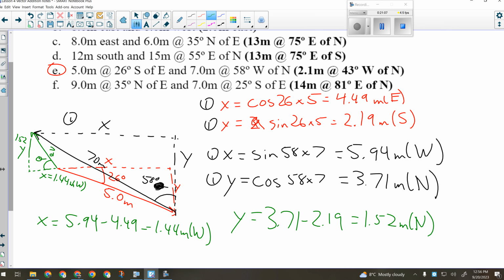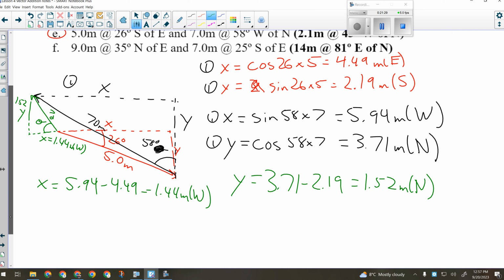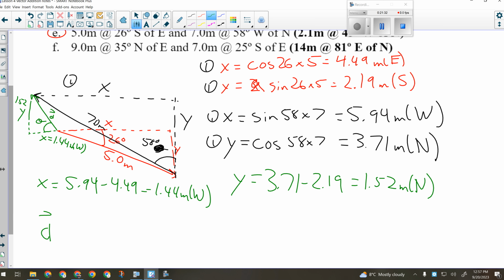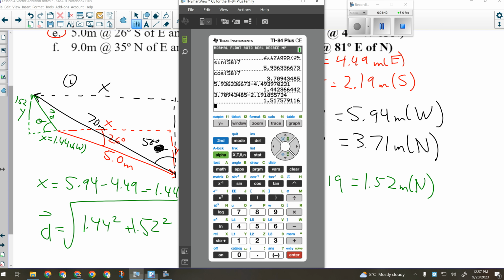Can I get my displacement now? Yep. So now I do what step? I know the two sides of the triangle, so now I do the Pythagorean theorem. We're going to go with big D equaling the square root of 1.44 squared plus 1.52 squared, obviously again with all the decimals in place.